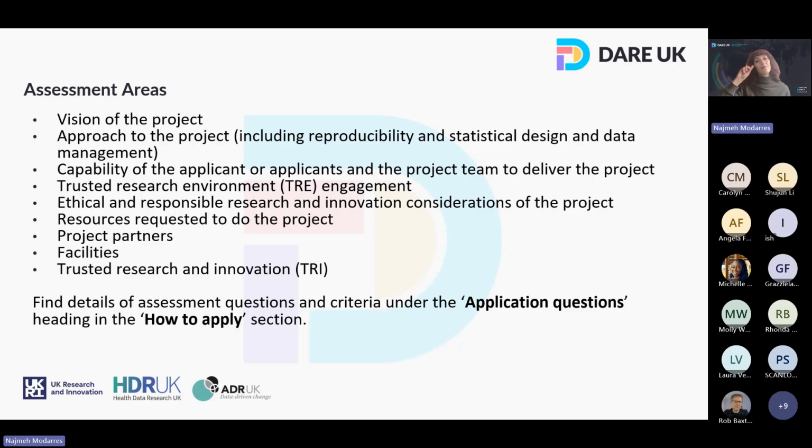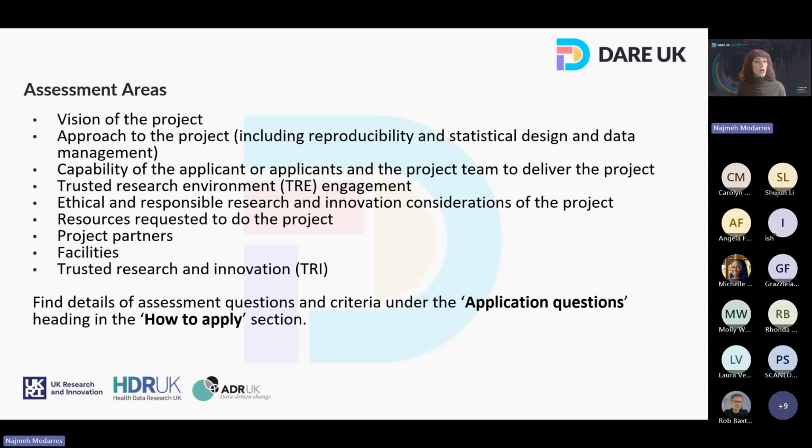But because it's kind of buried in there, I wanted to highlight what you will really be scored on: the vision, and the approach to the project. This will include, if your project involves a statistical design and data management, all under the approach umbrella. And the PIE, even though there isn't a specific section for PIE, we expect you to write that up in this section. Then your team, your project team, and their capability to deliver this project.